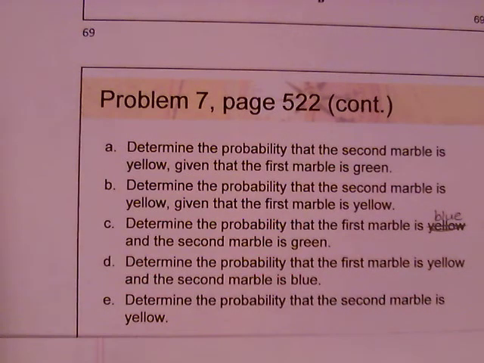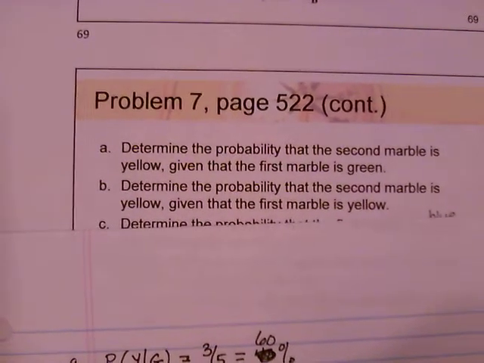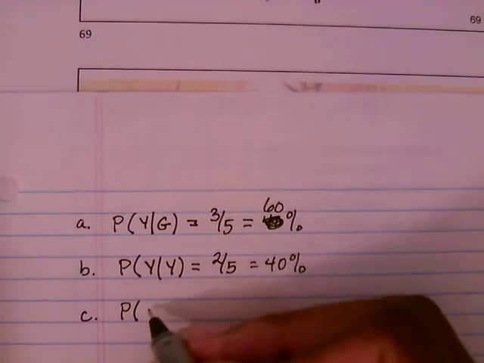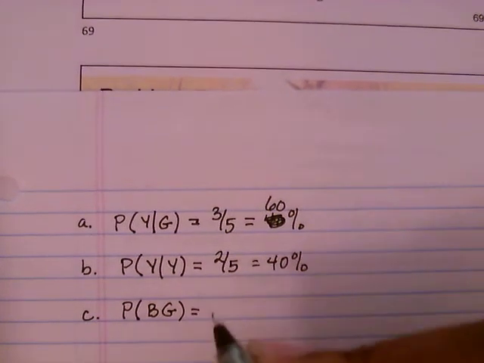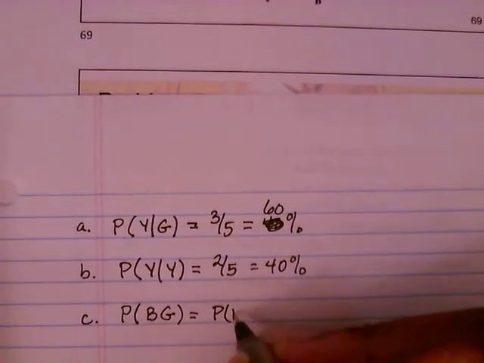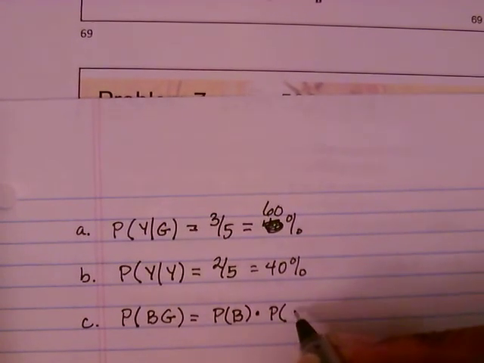So we're looking at the probability that the first marble is blue and the second marble is green. So the way we write that would be this: the probability of the first marble is blue and the second marble is green. So that means we need to do some multiplication here. The probability that the first marble is blue times the probability that the second marble is green.